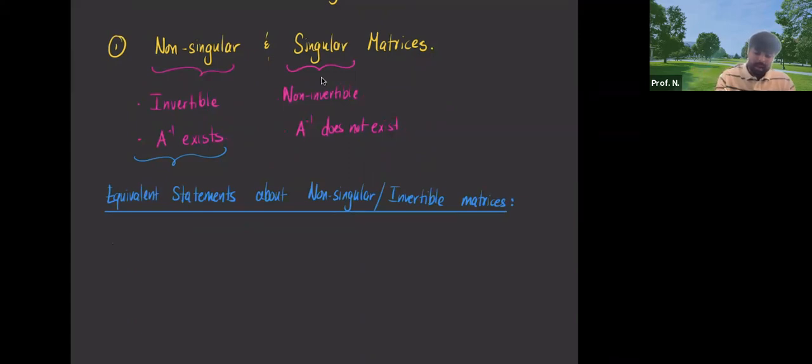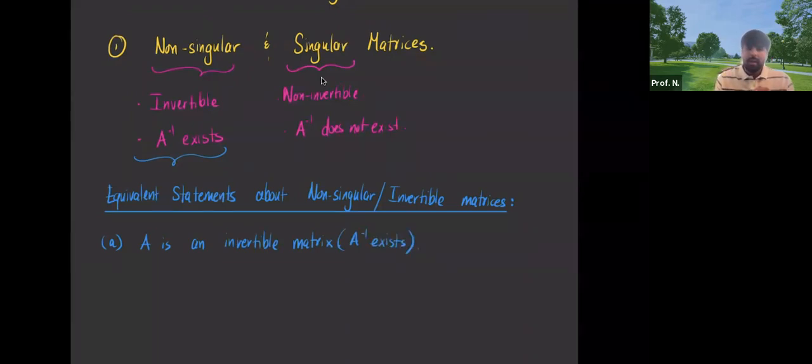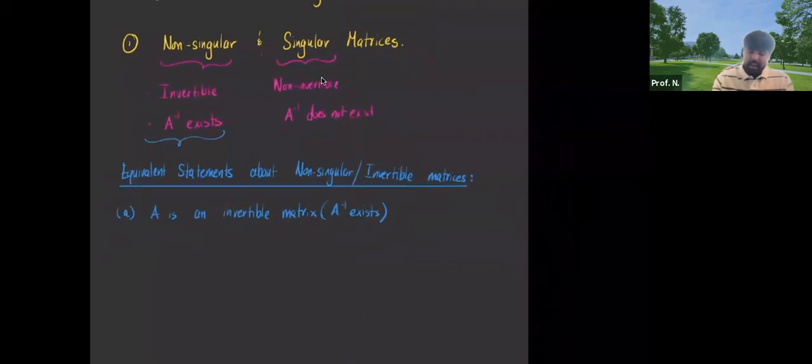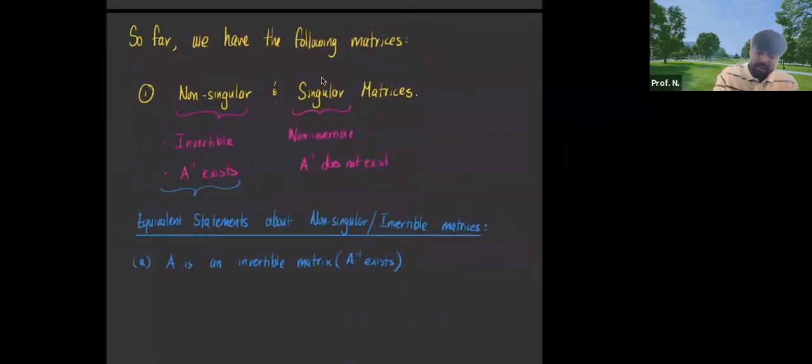The first thing is that A is an invertible matrix, which means that A inverse exists.